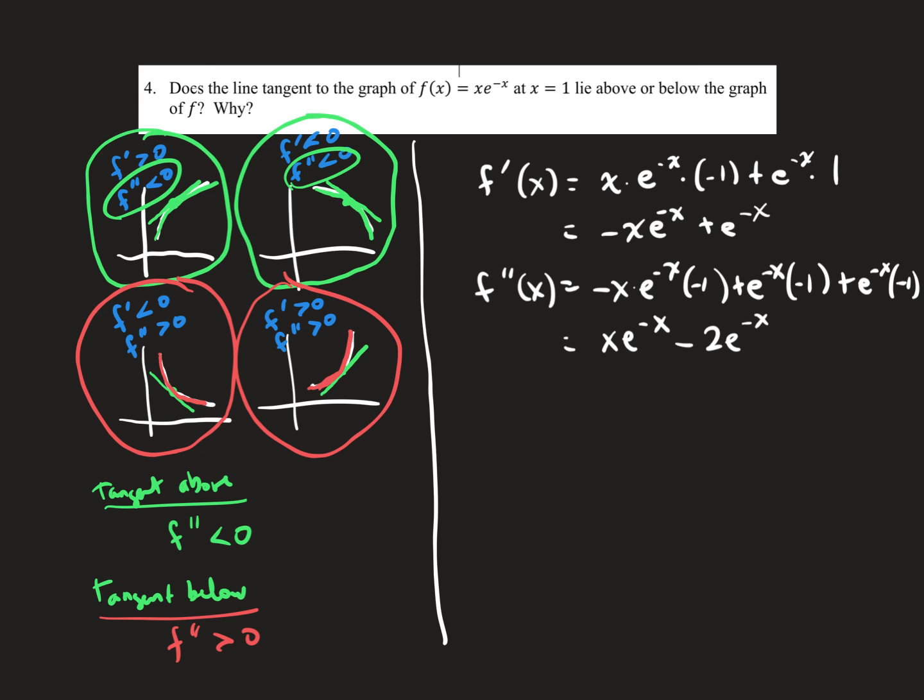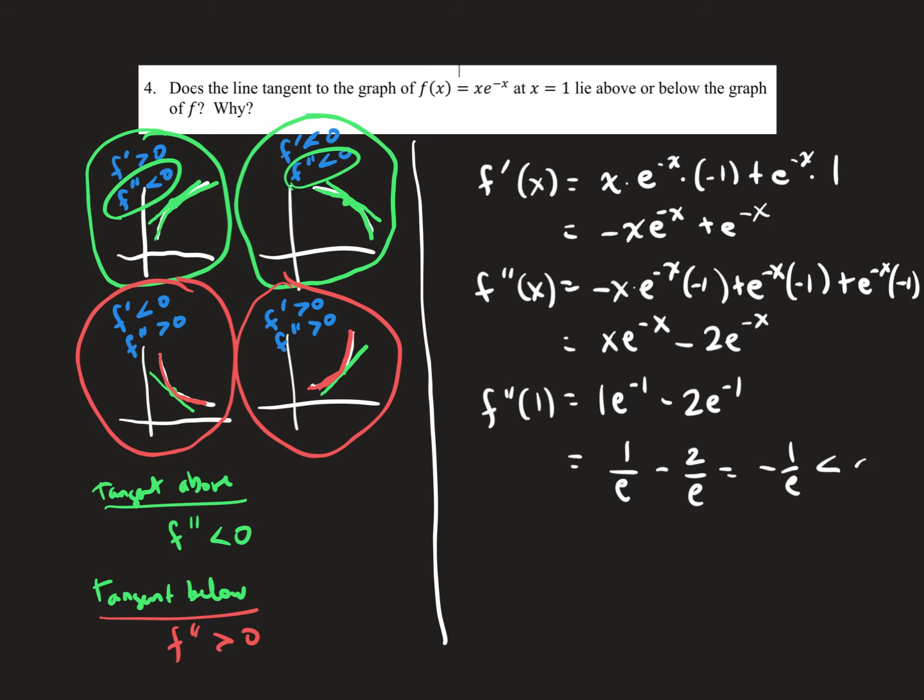And then they want to build a tangent line at x equals 1. So I need to know if the concavity at x equals 1 is going to be greater than 0 or less than 0. So I'm going to plug in 1. That's going to give me 1 over e minus 2 over e, which is negative 1 over e.